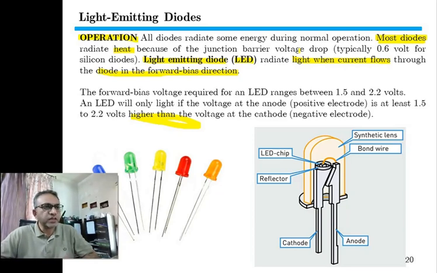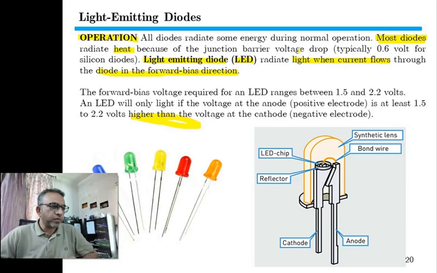However, in the case of LEDs, they radiate light. They also radiate heat. It's not that LEDs don't radiate heat. LEDs emit two types of energy: first, energy in the form of heat, and second, energy in the form of light.